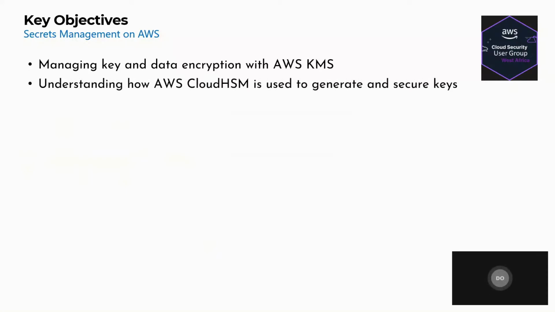We're going to understand how AWS CloudHSM works, how we can use it to generate keys and how we can use it to secure keys. And then we'll understand how we can use Secrets Manager to authenticate our applications and also to get access to secrets that can be used to authenticate to third-party services. That's what we're looking to achieve by the end of today.